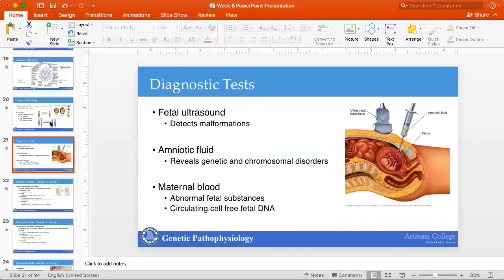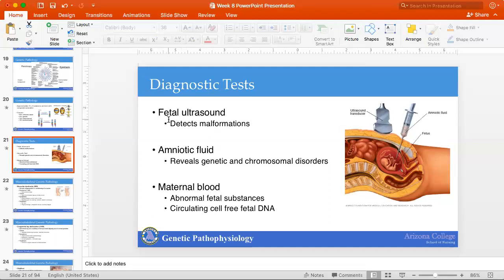So there is some diagnostic testing that they've done to try to detect some of these malformations. I know this is commonly done with Down syndrome, which is having one extra chromosome on the 21st chromosome. A lot of times you'll hear this referred to as trisomy 21. This can actually be detected before the birth of the child.